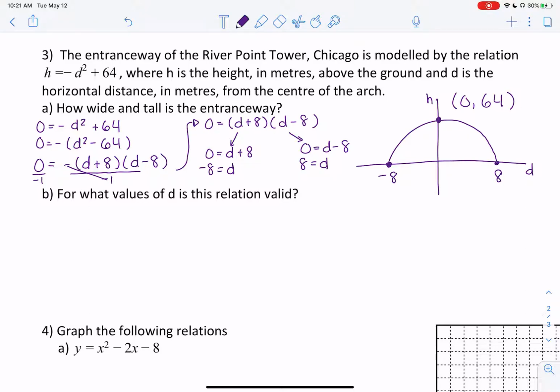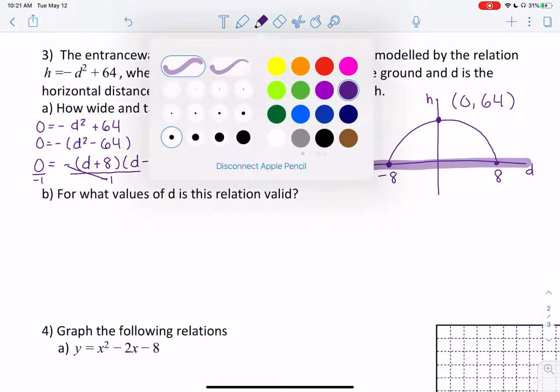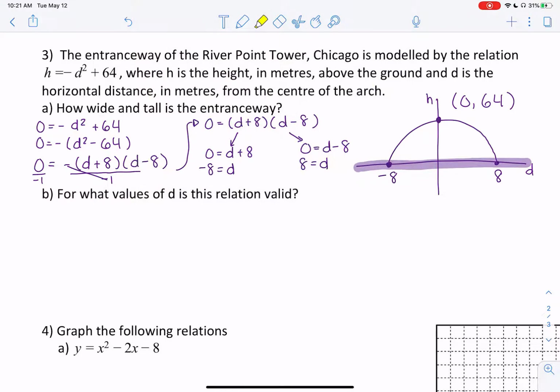Next, we want to find out for what values of d this relation is valid. Because this line here represents our ground, we don't care about any parts of the arch that are underground. So this is only valid for this part.